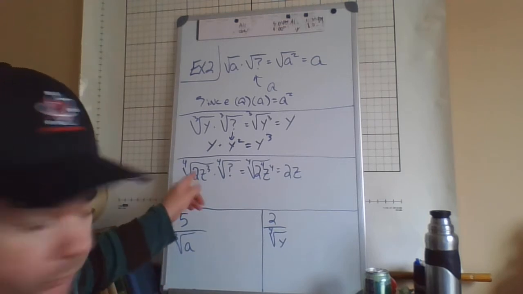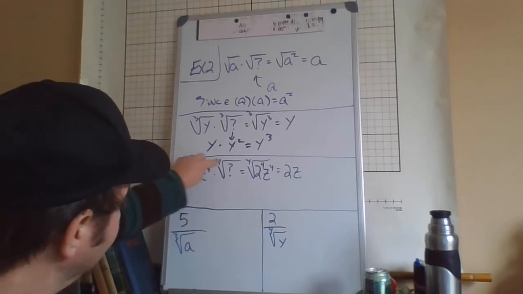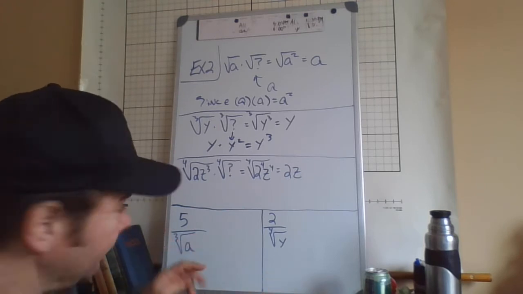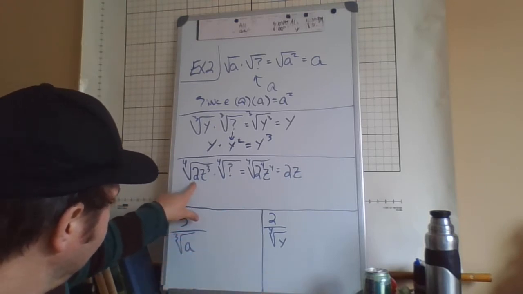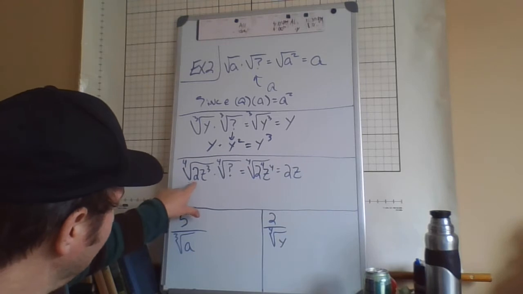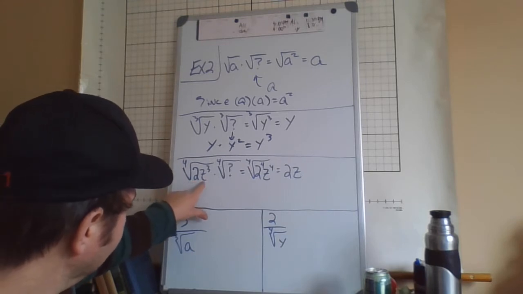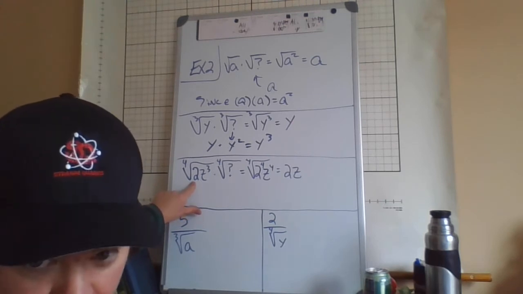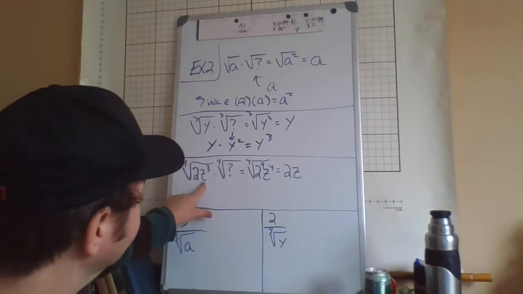All right, last one. These are all fourth roots, so we could use that same trick. We have to think about this one because we're trying to figure out what multiplies by 2z to the third to get a fourth root for this and a perfect fourth root for this.